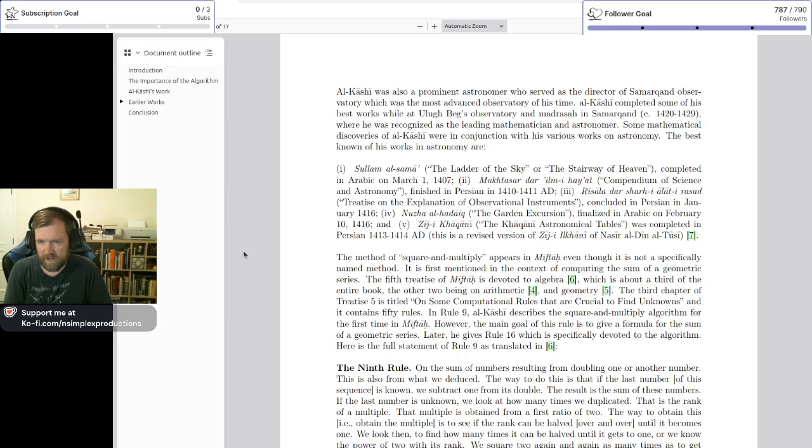In Rule 9, Al-Kashi describes the square and multiply algorithm for the first time in Miftah. However, the main goal of this rule is to give a formula for the sum of a geometric series. Later, he gives Rule 16, which is specifically devoted to the algorithm by itself.